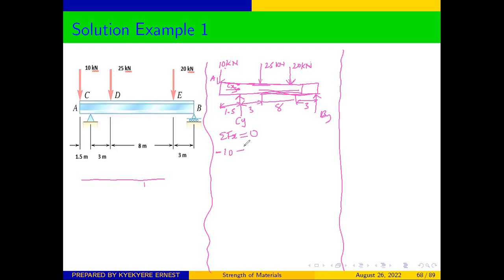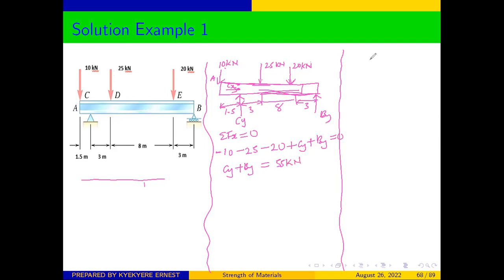The 25 is also coming down, minus 25, minus 20, plus CY and DY going out positive. It's equal to 0. Then from here we can say that CY plus DY should be equal to 55 kilonewtons.